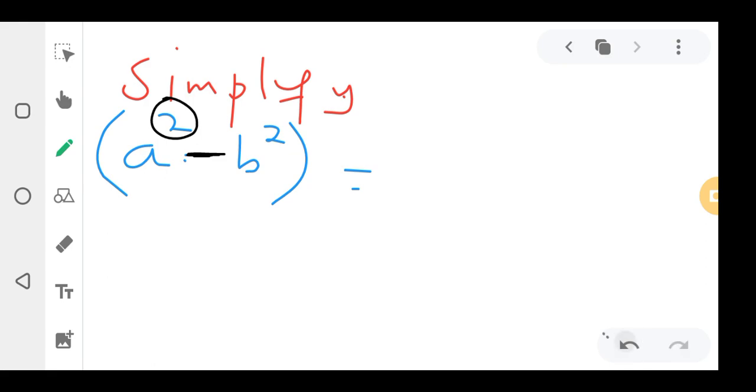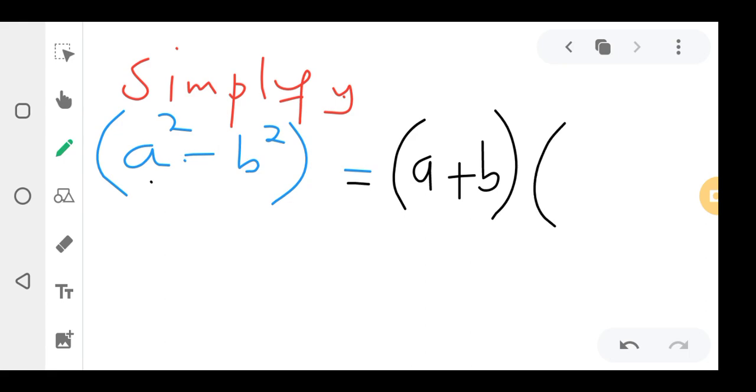And then we solve. So how do you simplify this? You pick one A, then you put plus. Then the other, you pick one B there, you close. Again, since the A's are 2 here, you say A, and then you put minus B. That's how you solve.